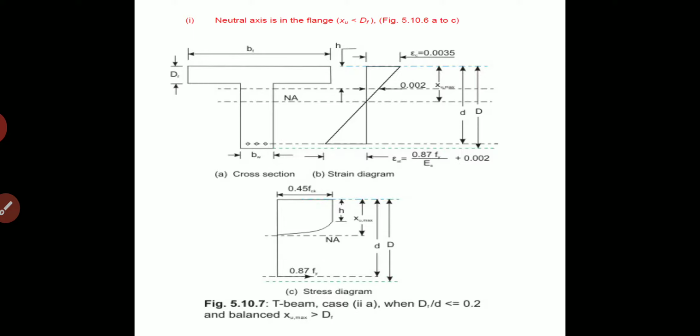So the neutral axis varies in the web. Here the maximum strain is 0.0035 on the compression side and 0.87 Fy upon Es plus 0.002 on the tension side, and in the stress diagram 0.446 fck on the compression side and 0.87 Fy on the tension side.